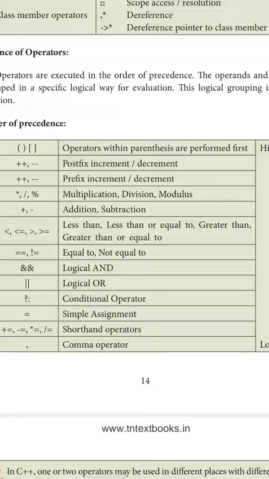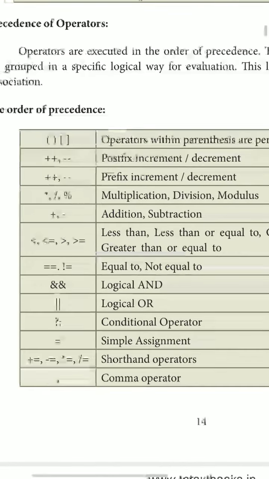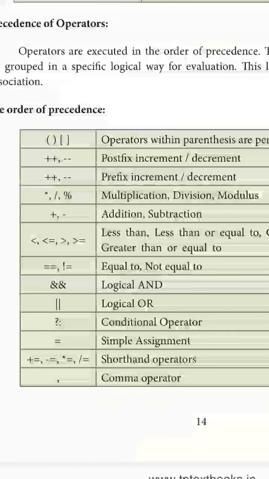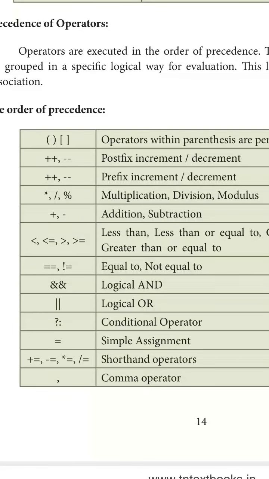So here also in C++, first is bracket. The expression inside the bracket will be executed first, and next you can see postfix increment or decrement, or prefix increment or decrement.